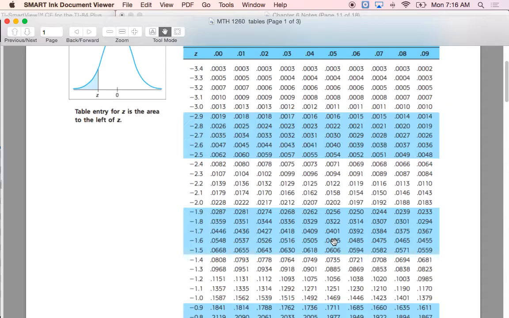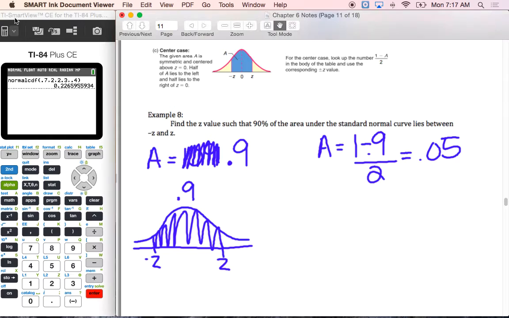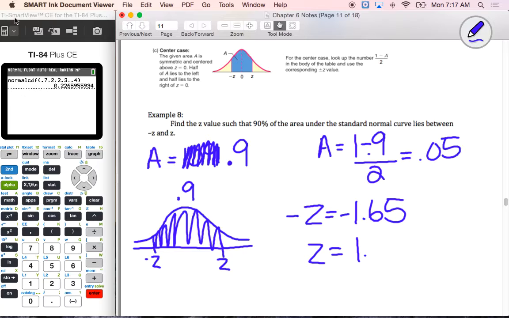So I would accept a negative 1.65 or negative 1.64, either one. Now that's the negative z. If we want the positive z, we then do positive 1.65, because we want to move it in between the negative and the positive of the value.